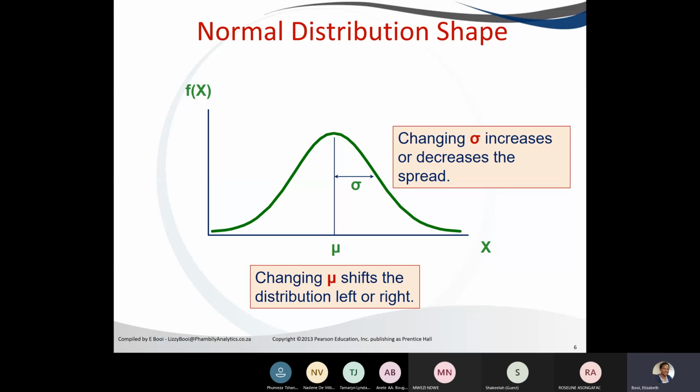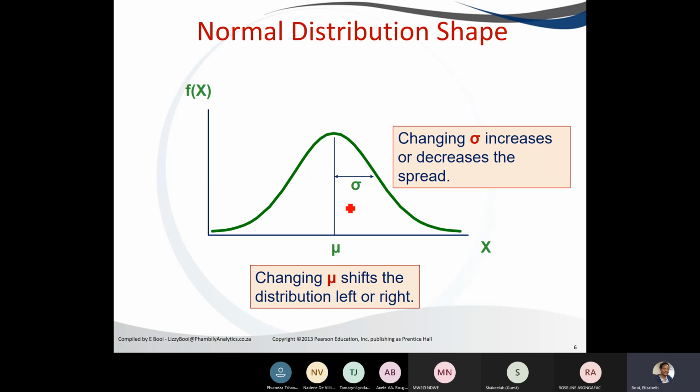But if we change the value of our standard deviation, the graph will become taller, or when we change it, it might become flatter as well. And that is based on how big your standard deviation is.